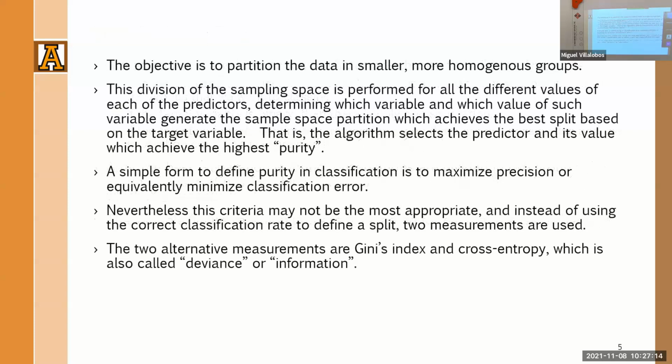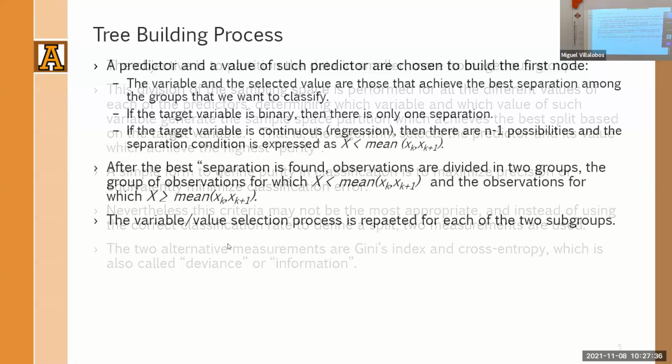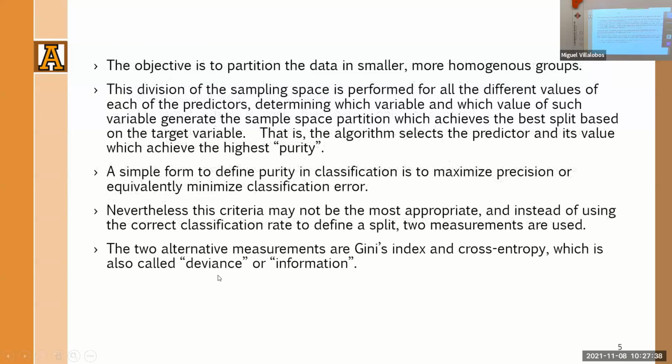Actually, the different algorithms to train a classification tree differ in which criteria we use for purity, and again, we only use Gini's index and entropy, which comes from the theory of information. Gini's index is also called deviance. Remember we saw logistic regression, where we talked about the deviance?